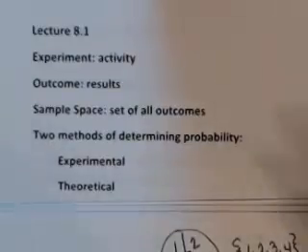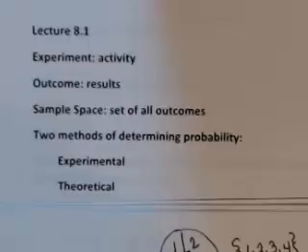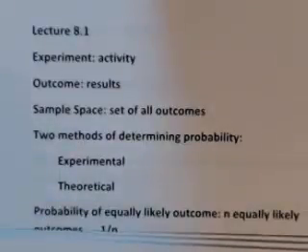That's theoretically. If I actually do the spinning, it might not be that way. So experimental is actually doing the experiment, or actually doing the activity and seeing how the numbers land. And theoretical is where you write down what should be based on what's given.